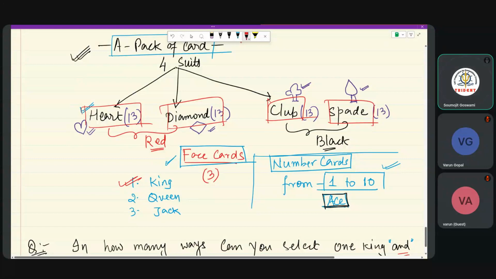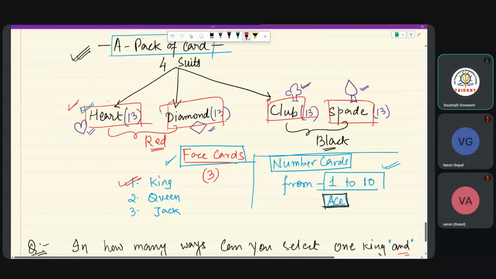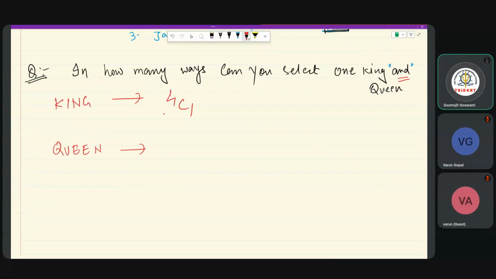So basically what I'm trying to tell you is that for a king, in how many ways can you select a king? It is 4C1, because one king out of four suits. How many ways can you select a queen? Again, four suits, so from the four suits I can select one queen.